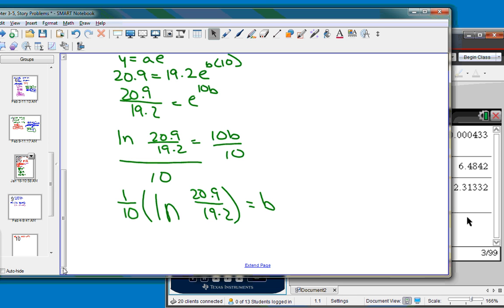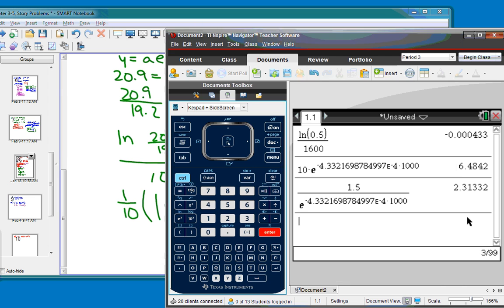So now I come over to my calculator, I'm going to plug that in. Control division key gives me the 1 over the 10. Times the natural log of 20.9 over 19.2 and hit enter.